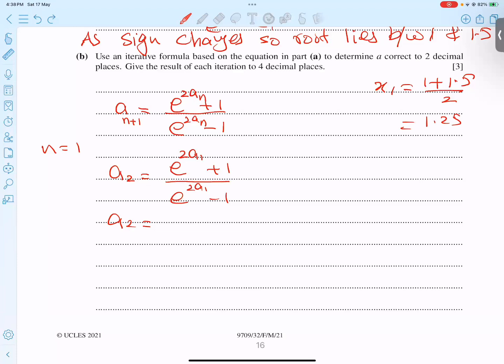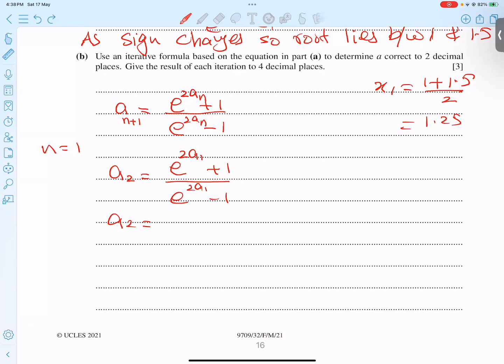So e to the power 2 times 1.25 plus 1, and e to the power 2 times 1.25 minus 1.